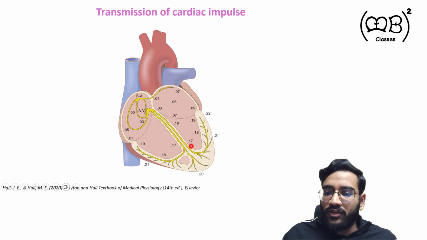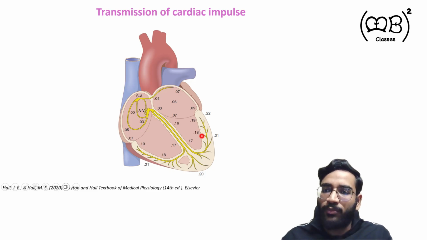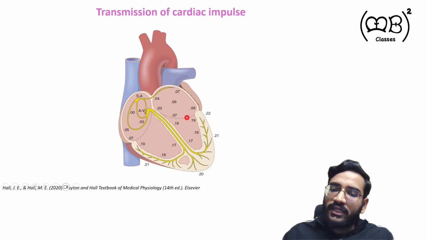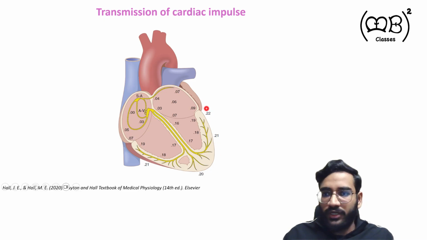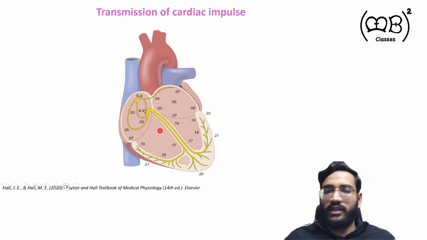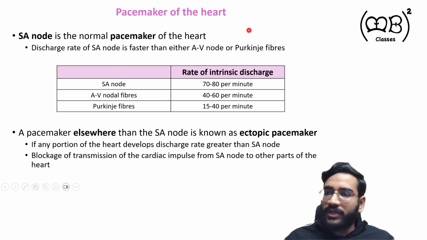All the ventricular musculature is getting stimulated simultaneously so that contraction can happen synchronously. So 0.16 to 0.19 for the endocardium to get stimulated, and then again 0.03, to 0.22, for the epicardium to get stimulated. And there will be atrioventricular fibrous tissue in between so that the impulses cannot transmit from the atria to the ventricles directly. So now we come to the pacemaker of the heart.